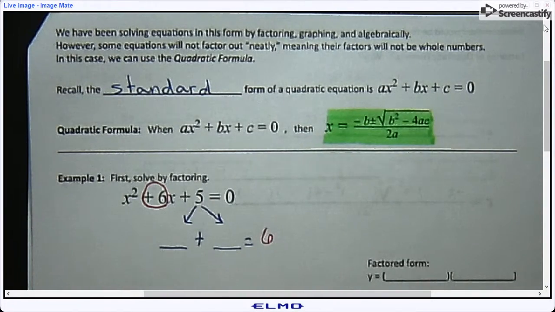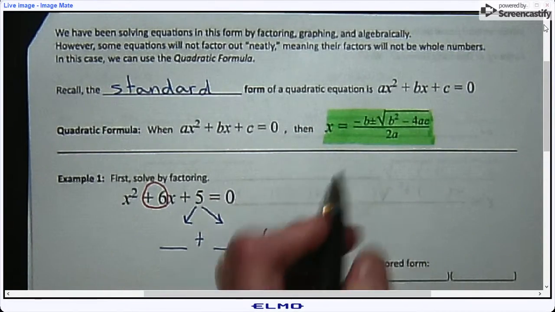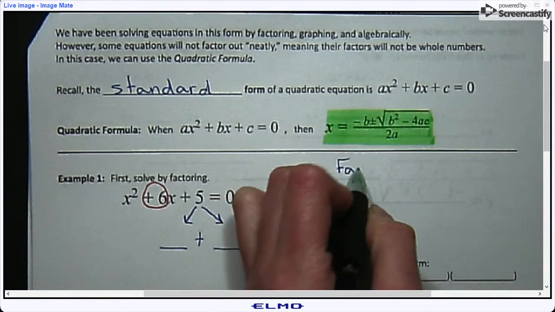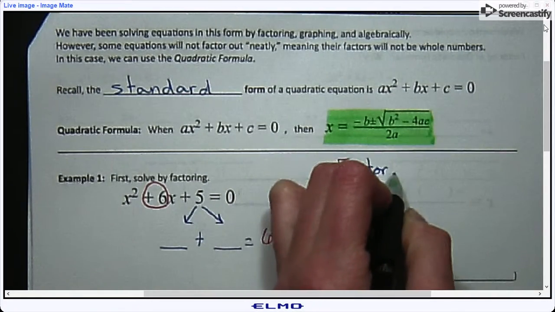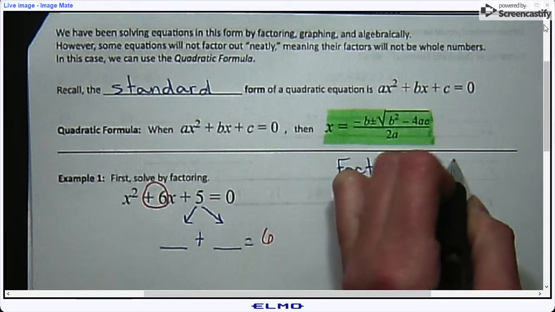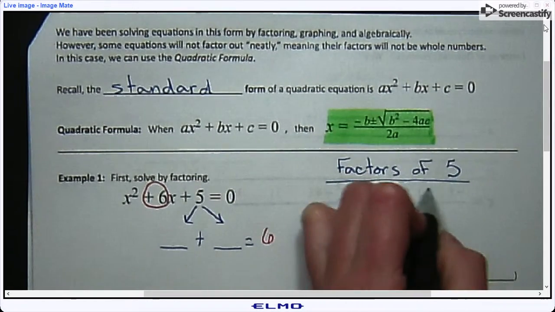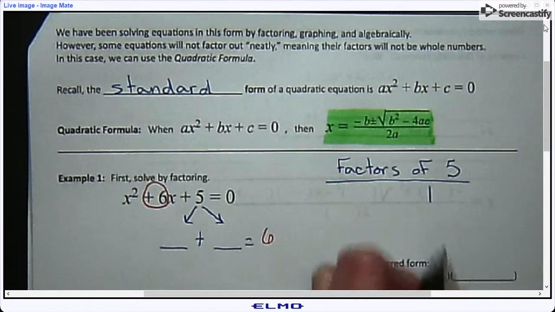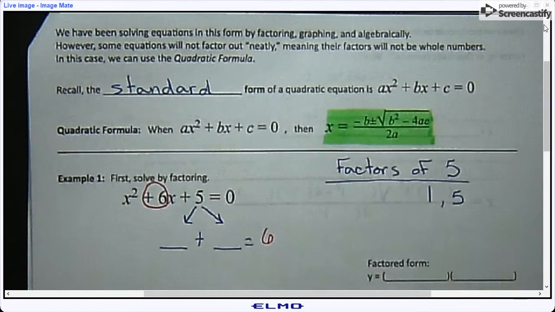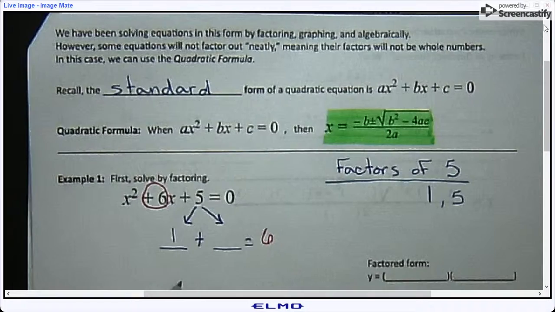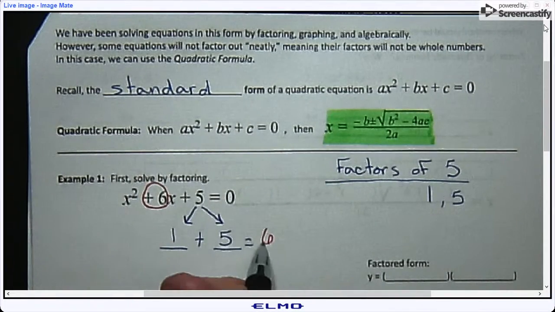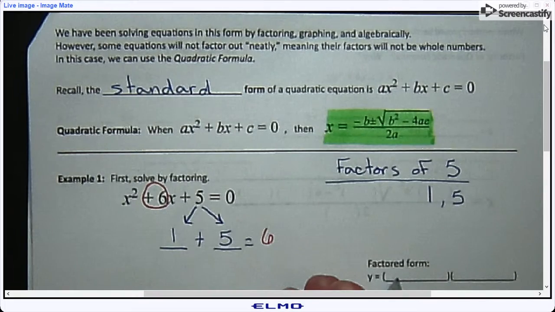So just go over to this empty space here and let's find the factors of 5. And we'll see that the only factor is 1 times 5. So a positive 1 plus a positive 5 equals 6. That's all we need to put it in factored form.